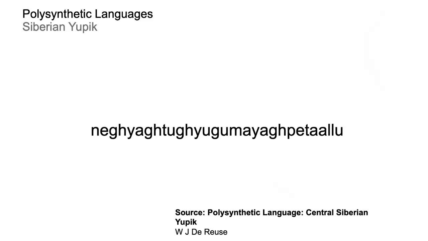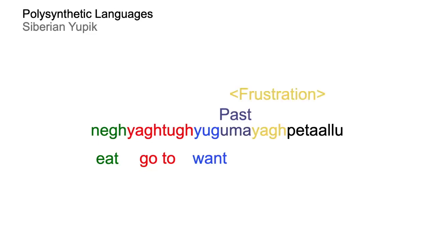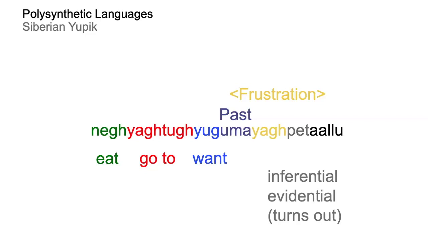So what does this word mean? This is actually a full sentence. The full sentence is in a single word. If you want to translate it, neg means eat, yaktuq means to go to, yug means want, uma is the past, yag is some frustration that you express.